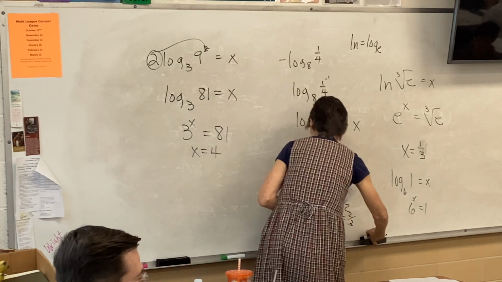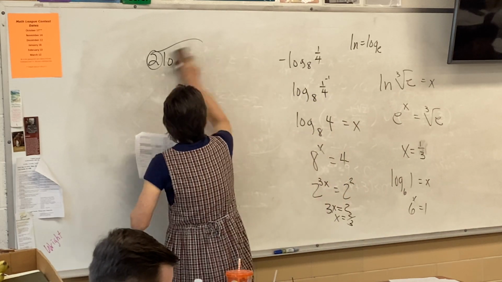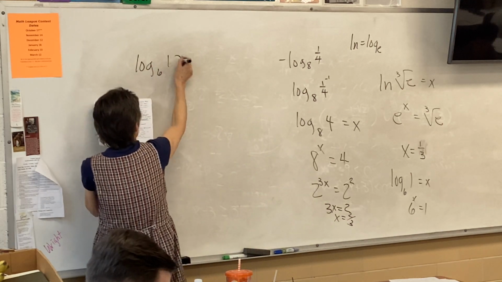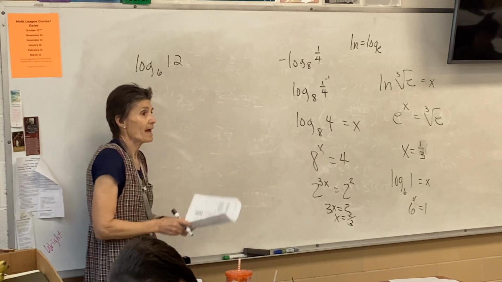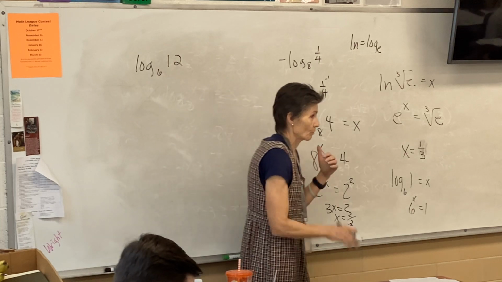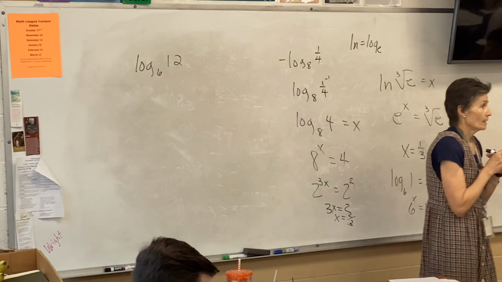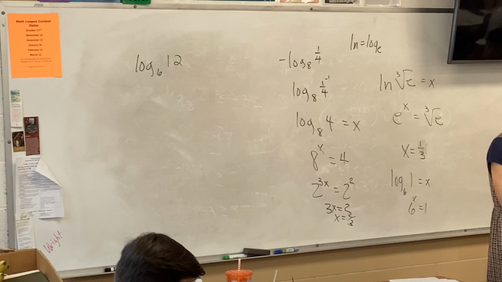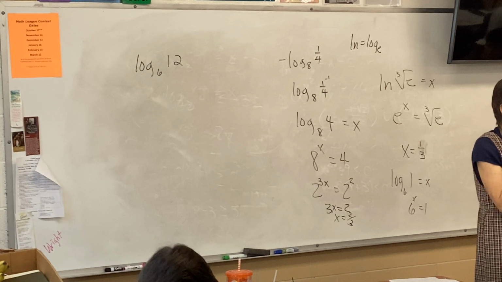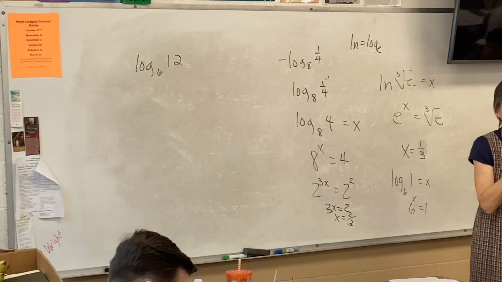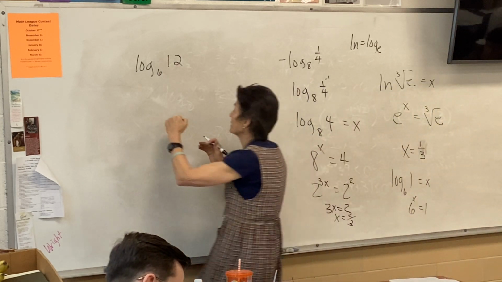All right, number 3. Rewrite log base 6 of 12 as a natural logarithm. So what does that even mean? Natural logarithm. ln. So base e, right? This is a base 6. We want to rewrite it as a base e. You can always change from one base to another using the change of base formula, which says what?